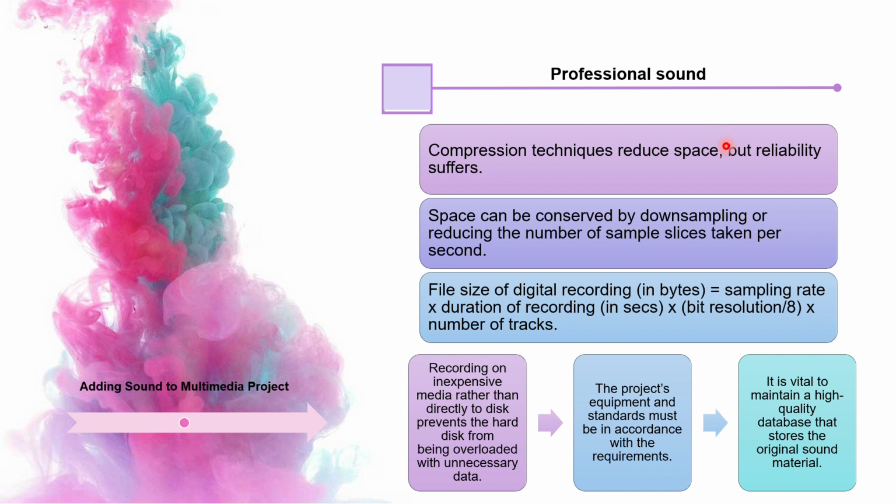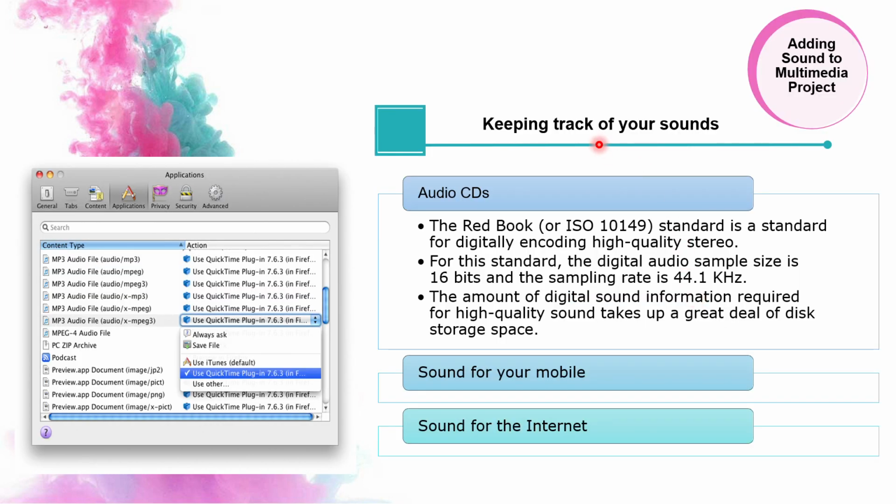So here are the explanations on professional sound, as you can see here, and the formula to calculate the file size of a digital recording in bytes. We continue with keeping track of your sounds.